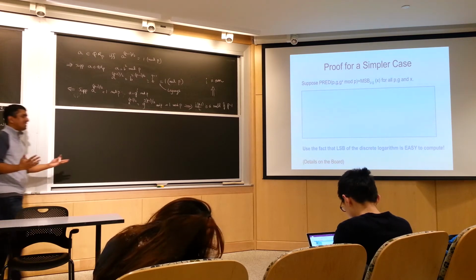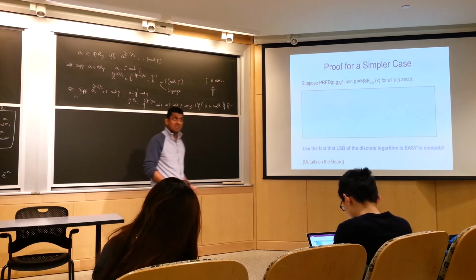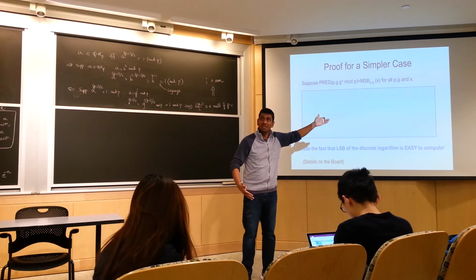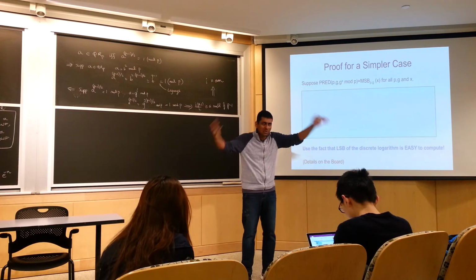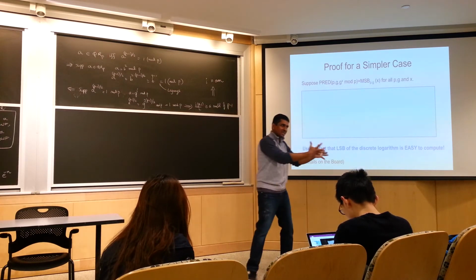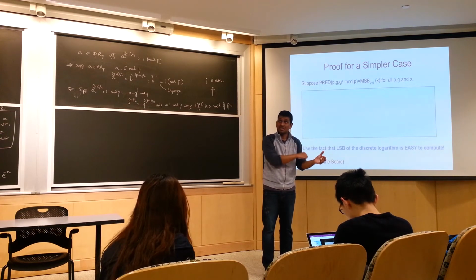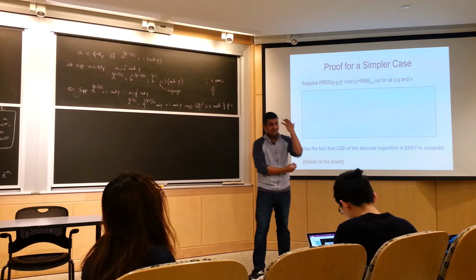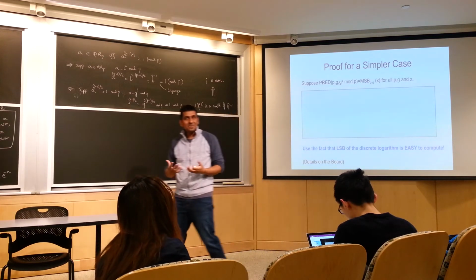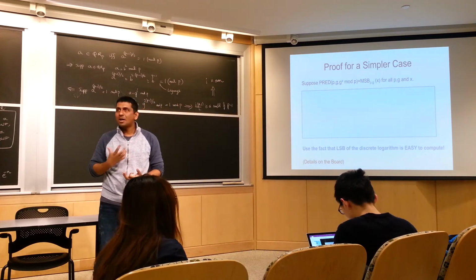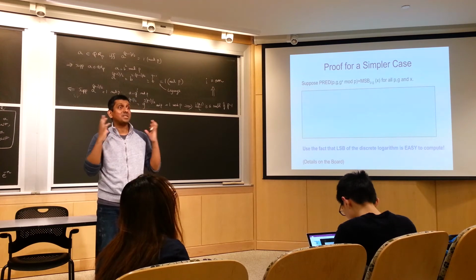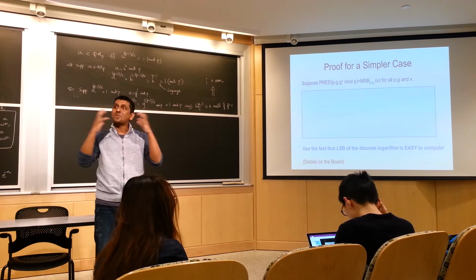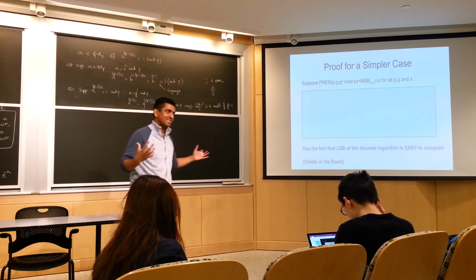You have to come up with the discrete logarithm algorithm, an algorithm that solves the discrete logarithm. Of course, I can't do it, but I have this magical oracle that predicts the most significant bit. It's a weird type of algorithm, like Shafi said in the very beginning: algorithms that have access to oracles that do strange things. You want to use these strange things to do even stranger things. Those are reductions.